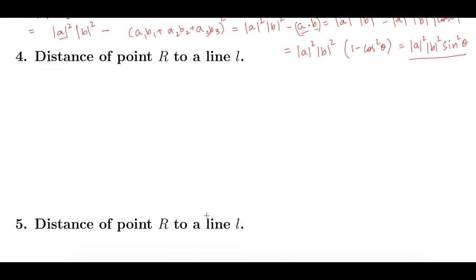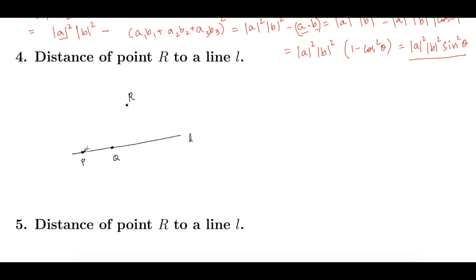Okay, now we are interested in the distance of a point R to a line L. Let's say we have a point here which is R, and a line like this. This is my line L. Now we have two points, P and Q, on this line.